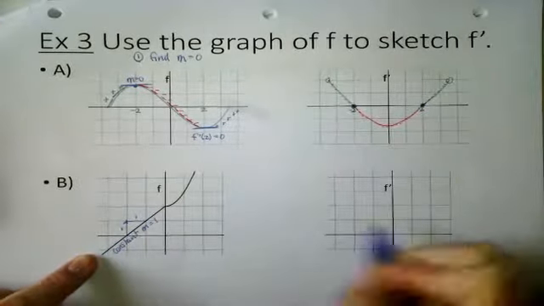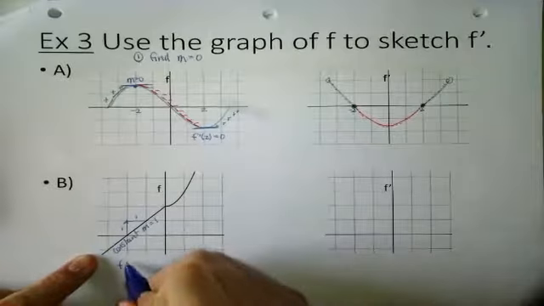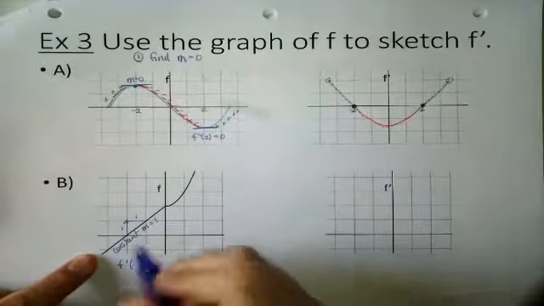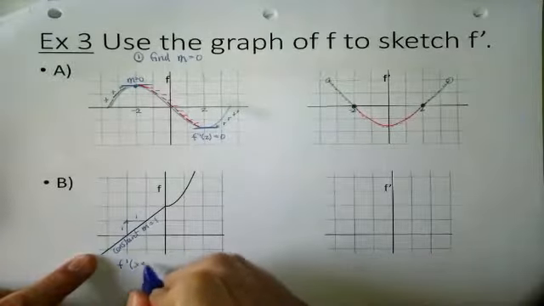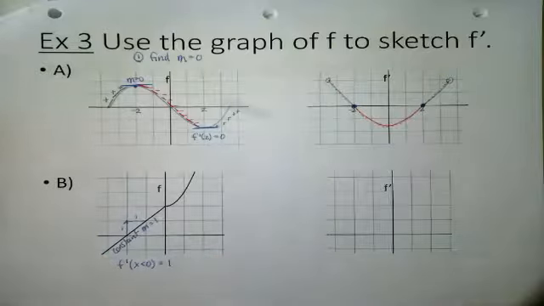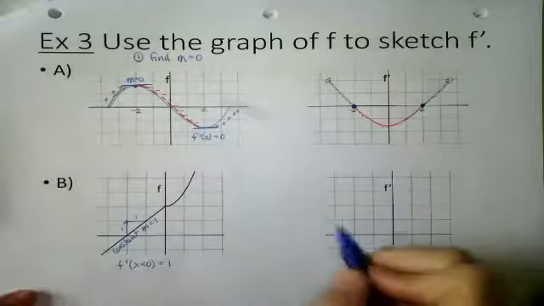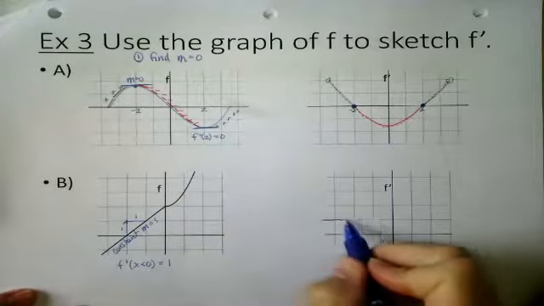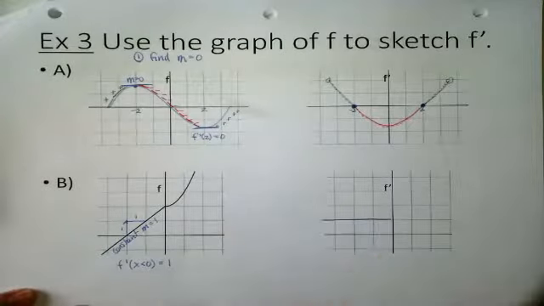It's a slope of 1, which means f prime for any value less than 0 equals 1. So all of those slopes are 1. Everything to the left of 0 has a slope of 1.